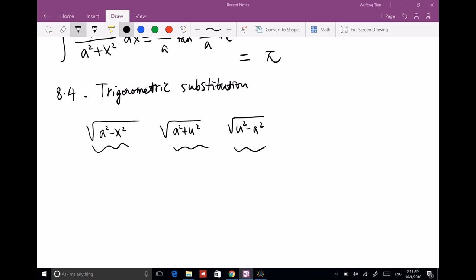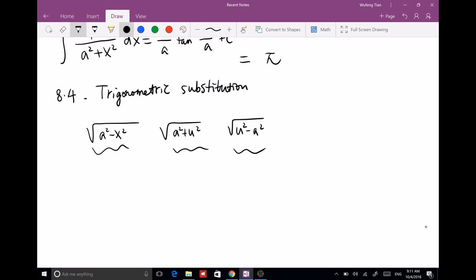We have different substitutions. First, can anyone tell me the trigonometry identity between sine and cosine? Sine squared plus cosine squared equals 1. Very good.